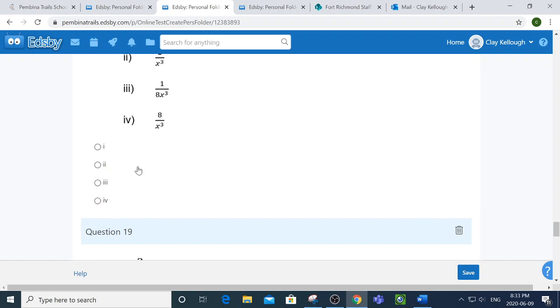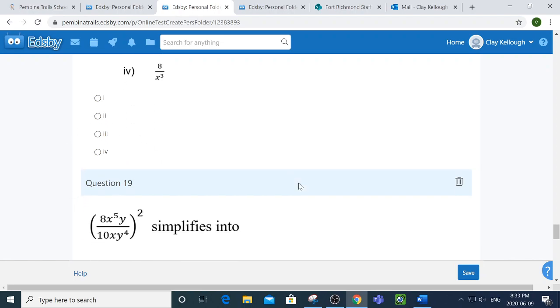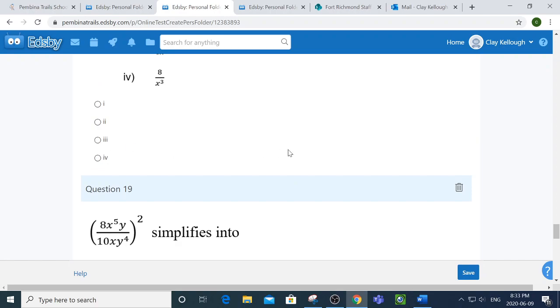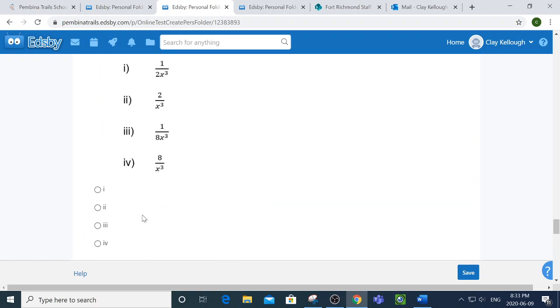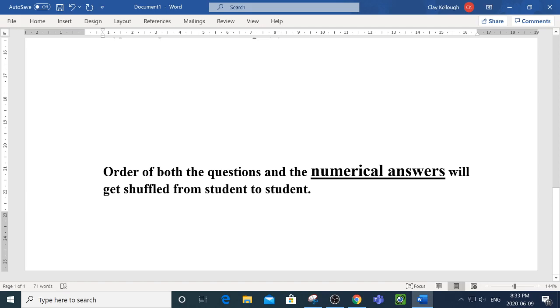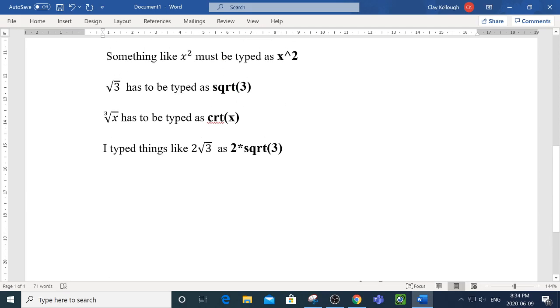It might be 4, 2, 3, 1 or 2, 3, 1, 4. It'll randomize the answers. There is no way to tell the program to randomize the answers for some questions and not others. And of course, I couldn't put this kind of typing into the answer field because all you can type in this answer field is just simple answers. So barring those couple of things, this should work pretty well.